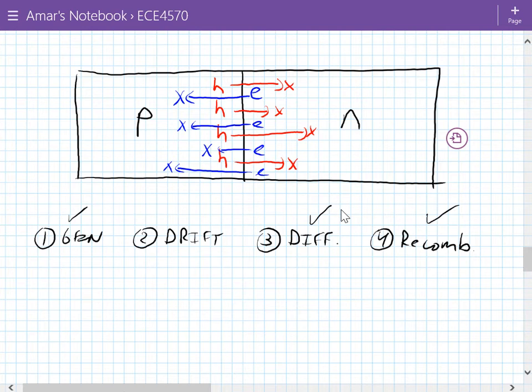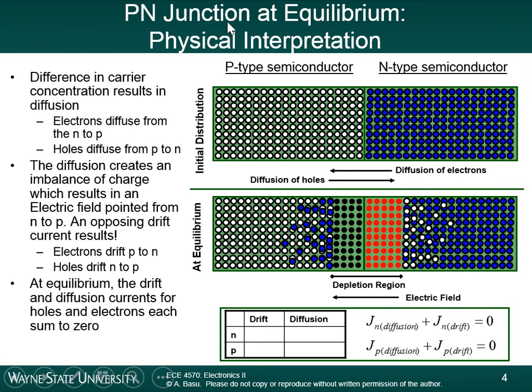Let's go back to this slide now. This is the physical interpretation of the p-n junction at equilibrium. The p-type semiconductor is right next to the n-type semiconductor. The holes are represented as white circles. The electrons are represented as blue circles.